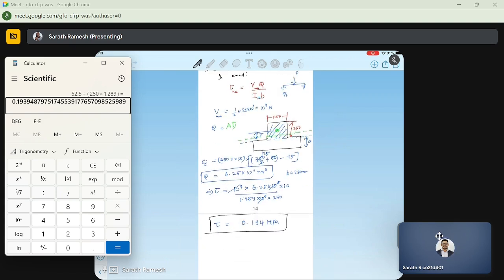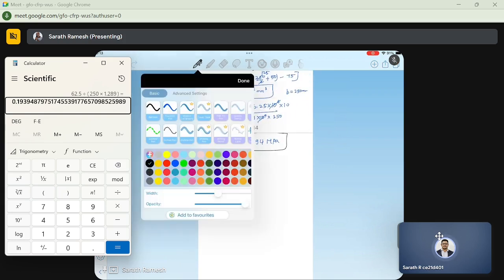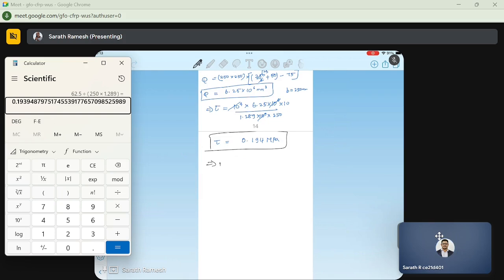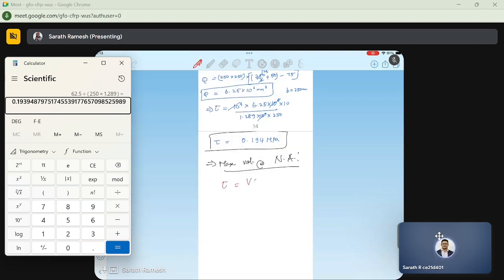Now the maximum value at the neutral axis location will be the last question. At the neutral axis, if you want to find it, then again tau equals VQ by IB.